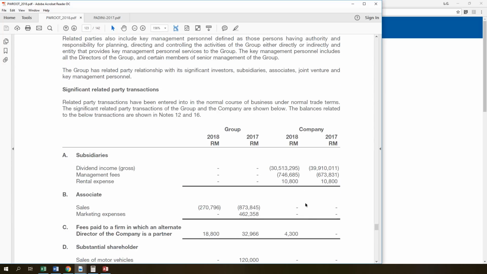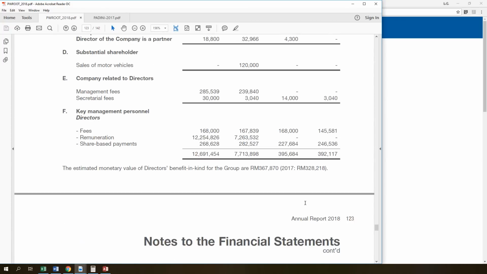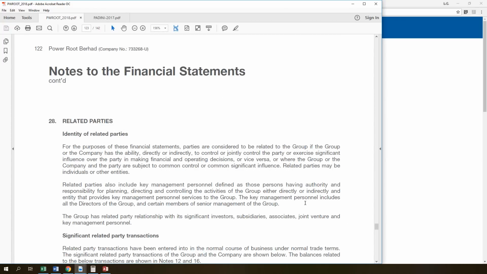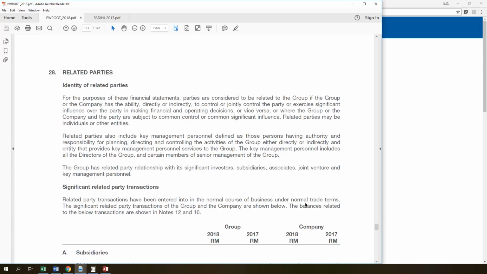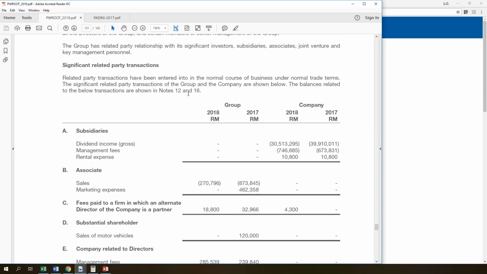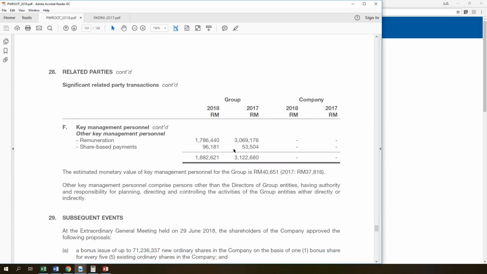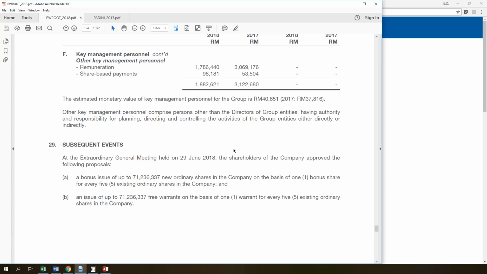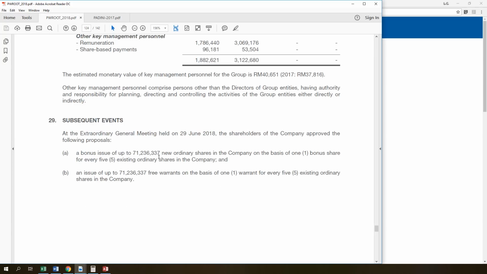Related parties. Okay. Subsequent events, bonus issues and free warrants.